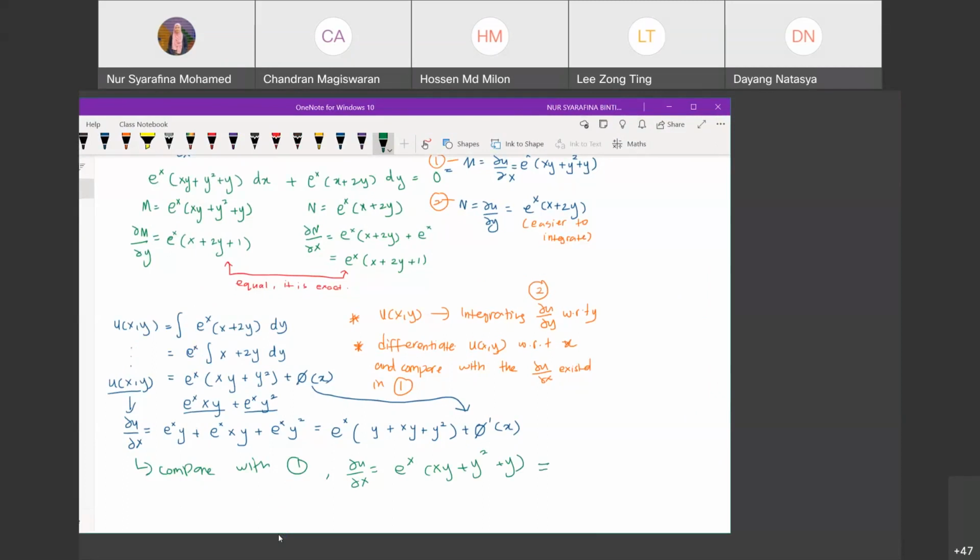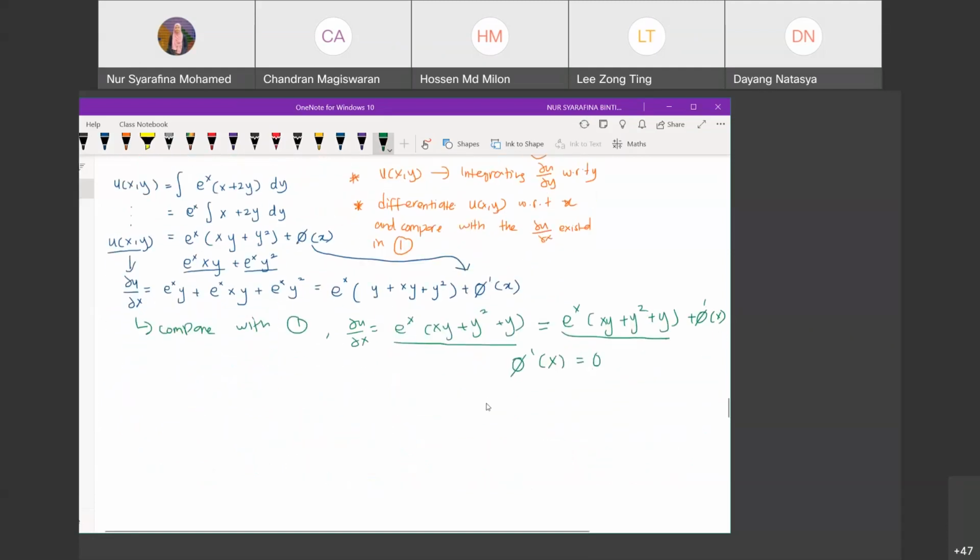Compare with this del u del x that you obtained just now with e^x. Okay, try to rearrange the same as the previous one. We have xy plus y squared plus y plus psi prime. So this one is the same as del u del x. Then we can conclude that psi prime x equals 0.